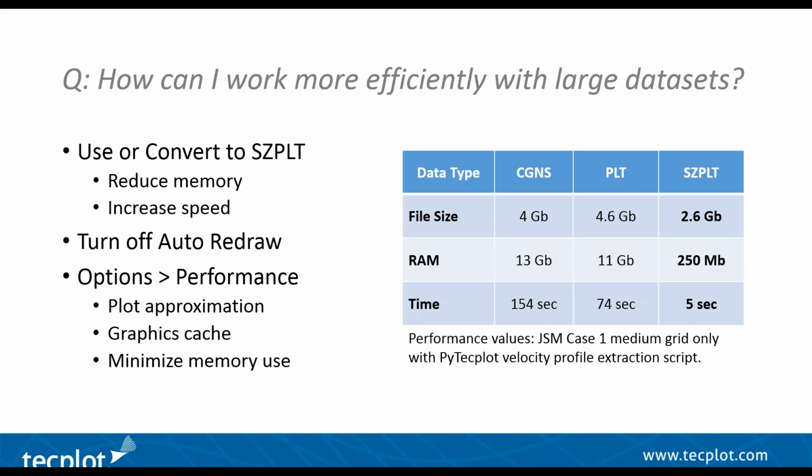And then finally, there's the options menu and then performance options, where things like plot approximation, graphics cache, and minimize memory use can be optimized for larger data sets. So when would you use the plot approximations and turn off the graphics cache? When you're seeing slow rotations or where your graphics card is the bottleneck.